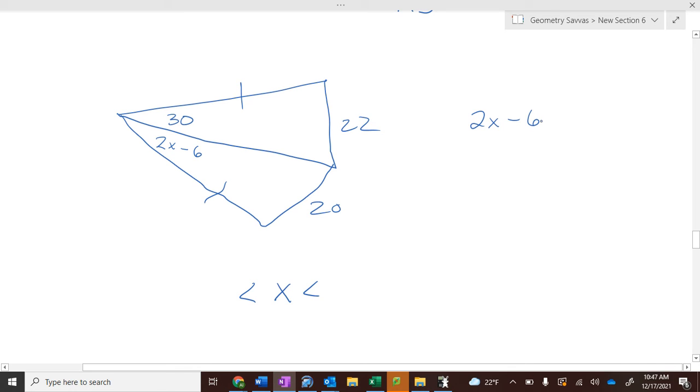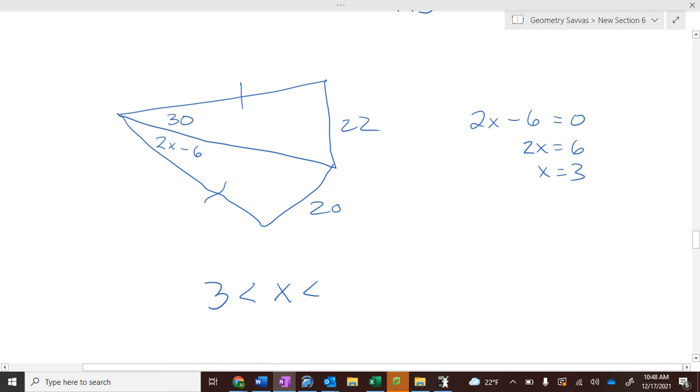If x is 1, it'd make a negative number. Look at the equation. 2x equals 6, x would equal 3. So the smallest x can be is 3, because if you put a 3 in there, it makes the angle 0.